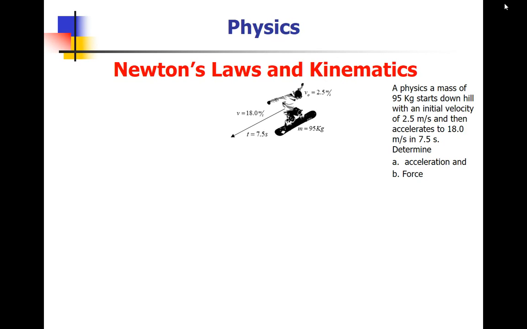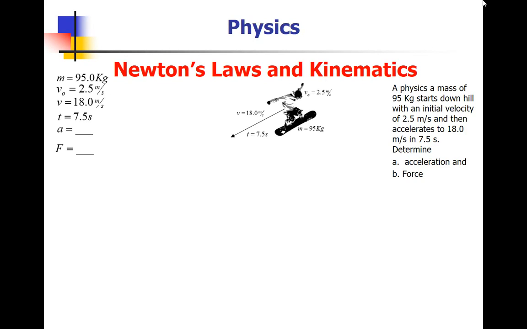After I diagram it, I list the mass of 95 kilograms, the initial velocity at 2.5 meters per second, the final velocity at 18 meters per second, the time of 7.5 seconds, and what's the acceleration and the force. Well, I need to solve for acceleration.